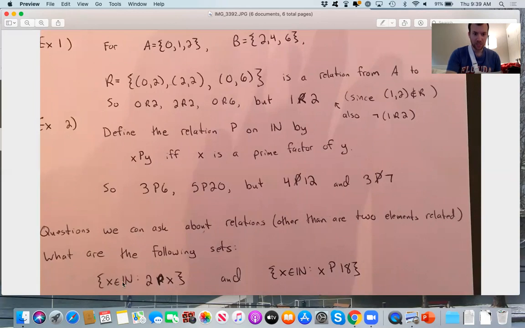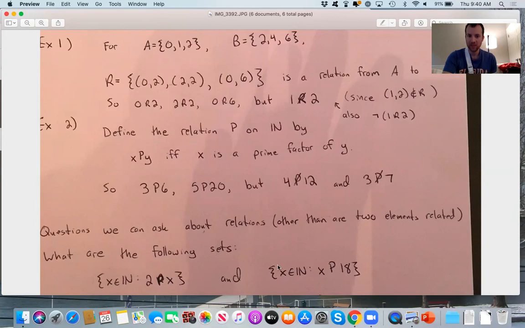The set of natural numbers x such that 2 is related to x, and the set of x in the natural numbers such that x is related to 18. Now, one thing that's important is that the order matters here. In the way that this relation is defined, x is a prime factor of y. So in this case, this is saying find the x's such that 2 is a prime factor of x.